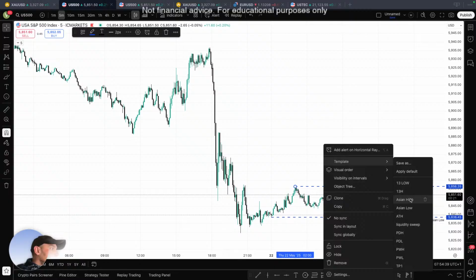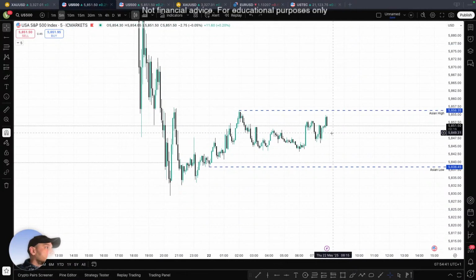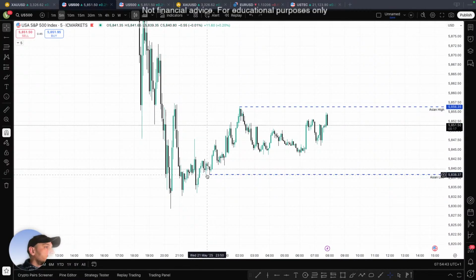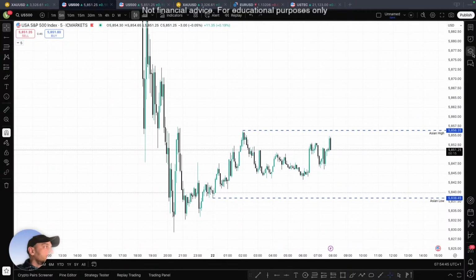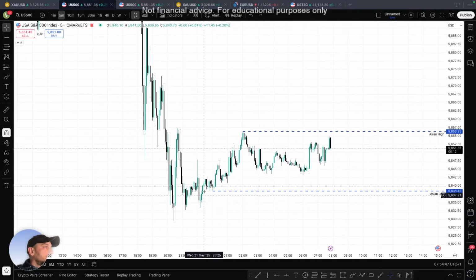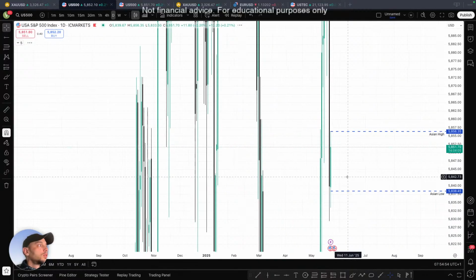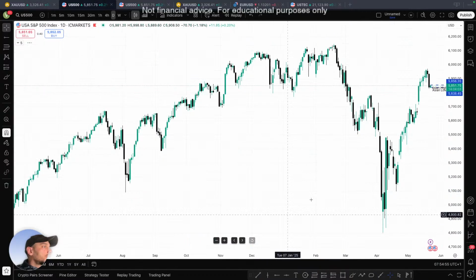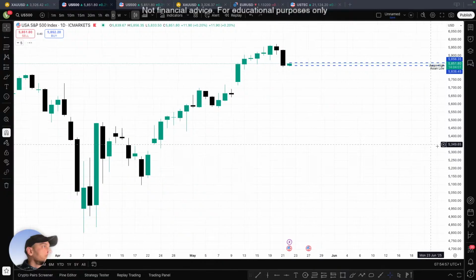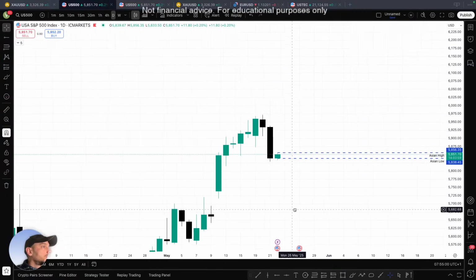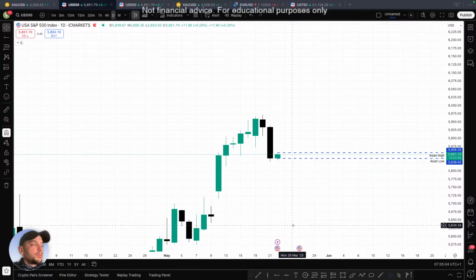I can see how Nasdaq is in range for quite some time after this big drop yesterday. It's been in range. We need to be careful with this one. Ranging markets are not the best conditions. Remember this.